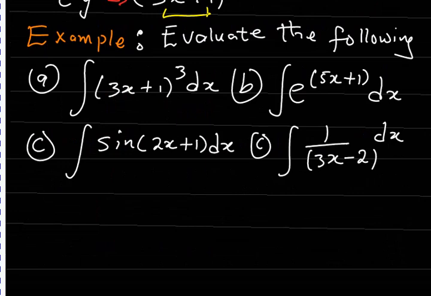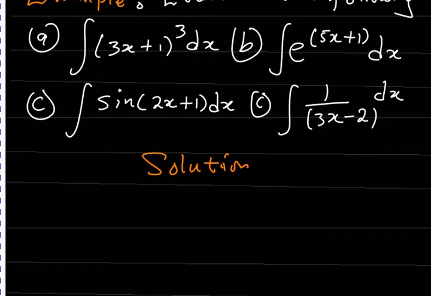Okay. Solution. Starting with the A part of the question. What is the linear function here? The linear function is 3x plus 1. So I use u to represent it.